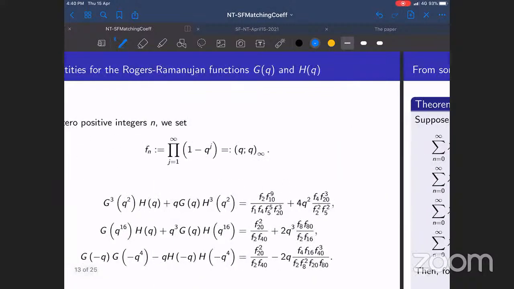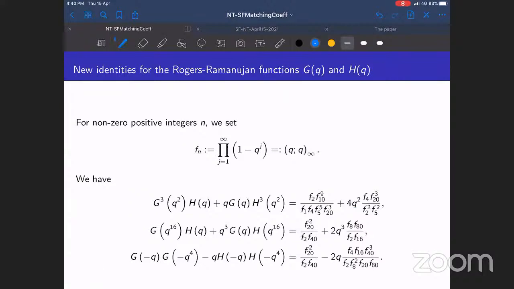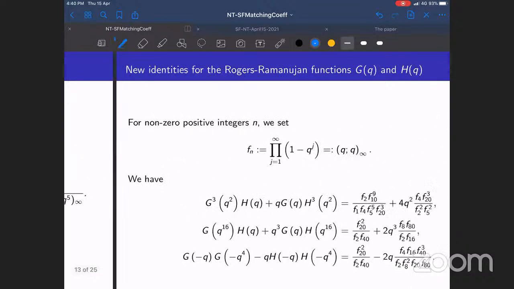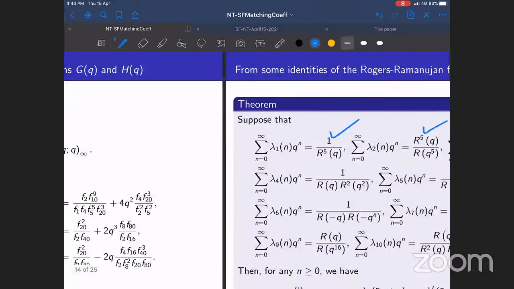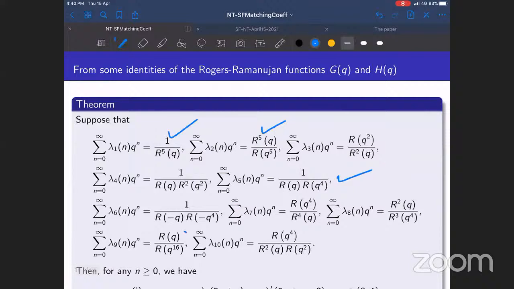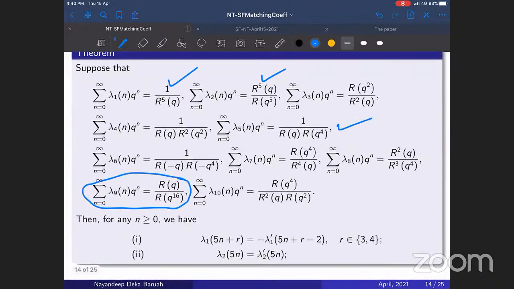So, for example, here you see that Ramanujan recorded, let me see here, this one. Let us denote lambda 9n q^n by R(q) over R(q^16).